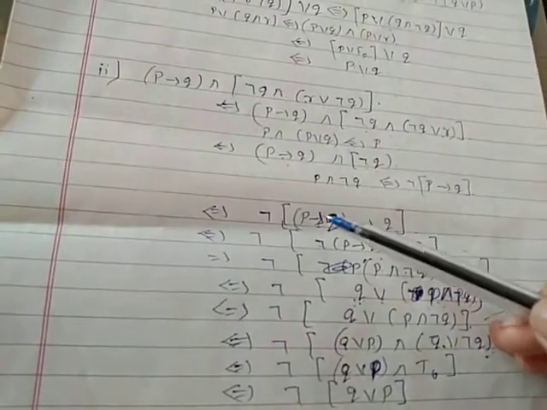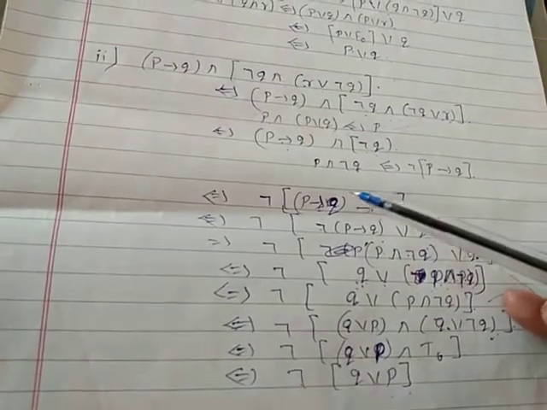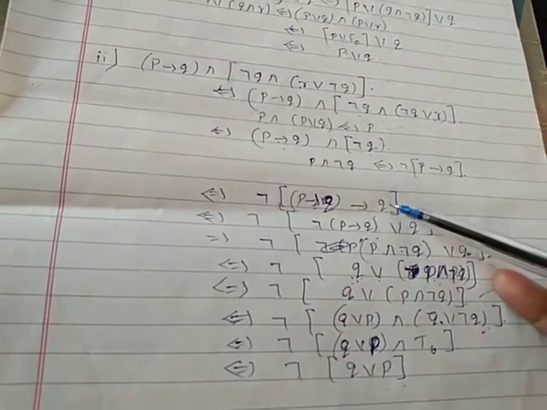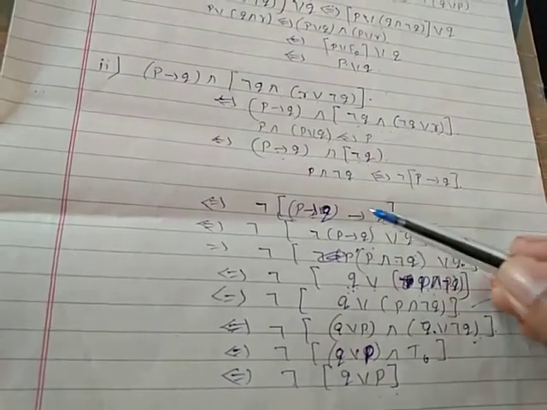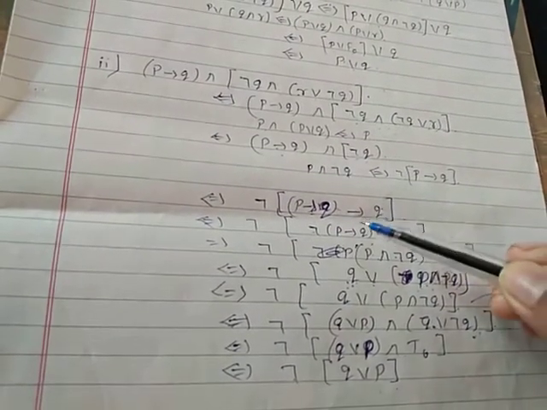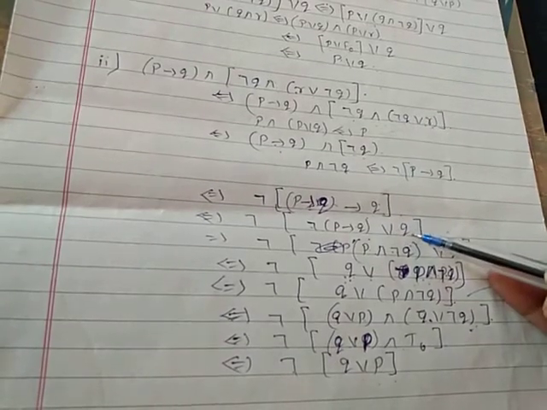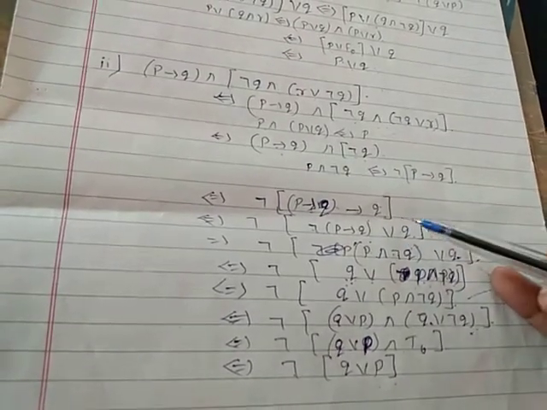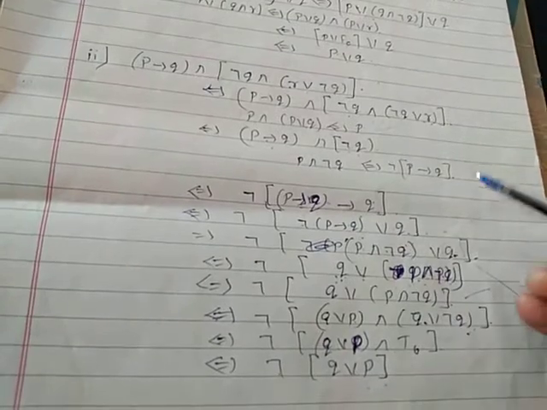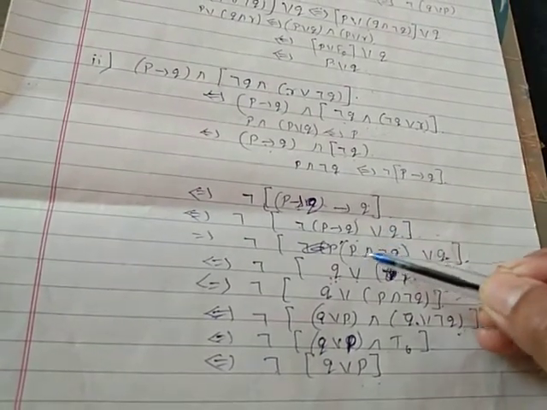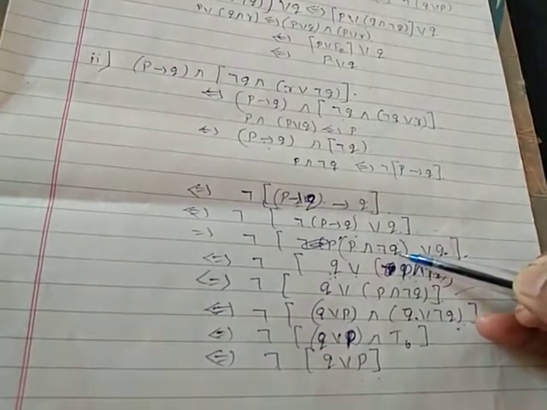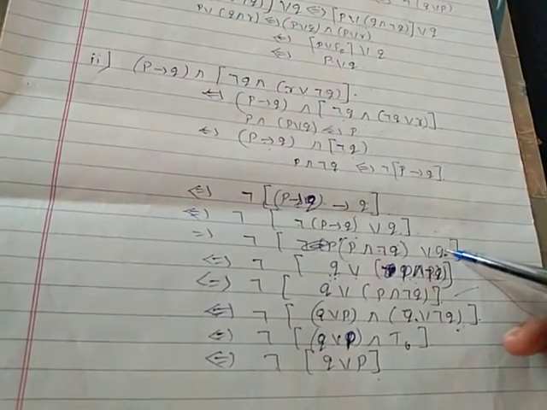Now, negation of (P implies Q) is negation of (negation of P or Q). Now, using the law, negation of (P implies Q) is P and negation of Q, or Q as it is.